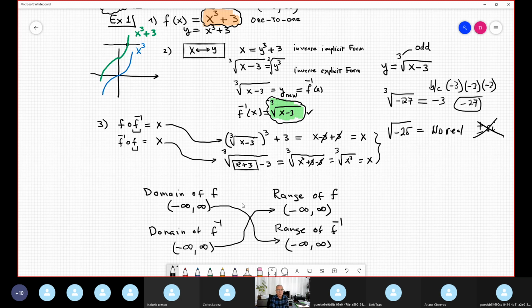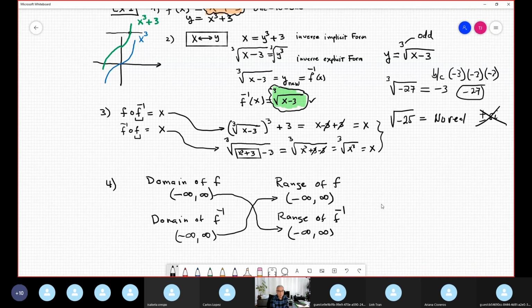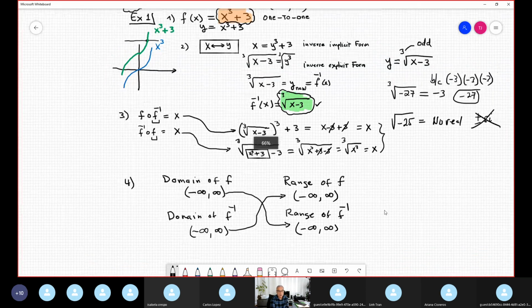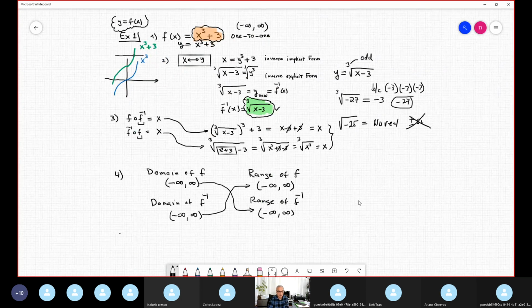Okay, now the graph, this is number 4, no? The graph, step 5, is the graph. Actually, it's relatively easy. The graph of the original is the green curve I did before.